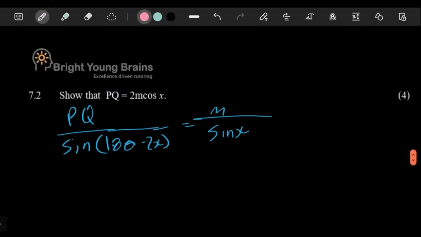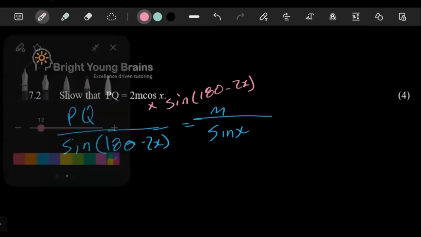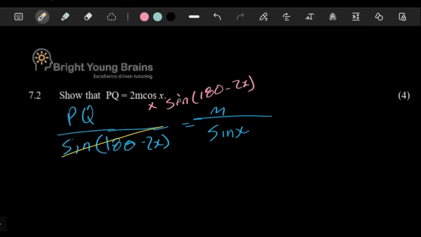Here you want PQ, so you don't have to cross multiply. You just have to multiply this thing here so that it goes away. Times sine of 180 minus 2x, and then this cancels this. You're going to have PQ on its own equal to m. What you do on one side, you have to do on the other side, obviously.